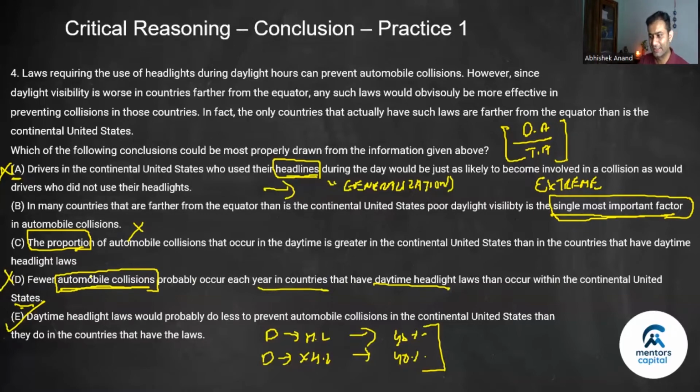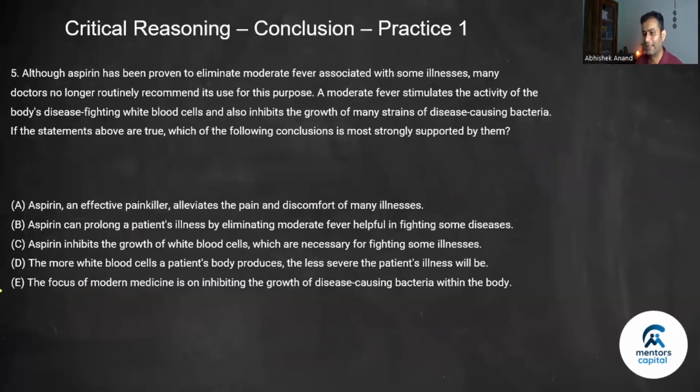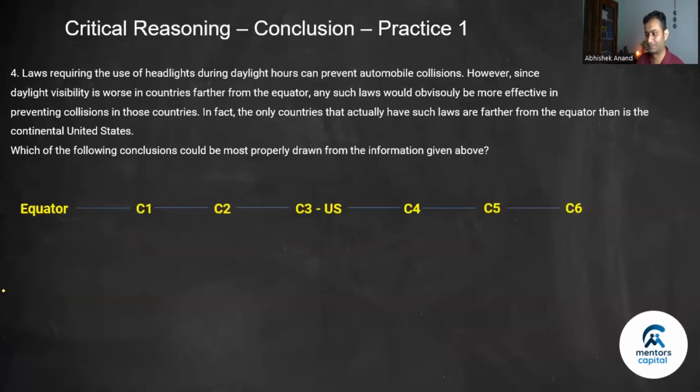Why is E correct? E is paraphrasing what is given to us in the paragraph. Daytime headlight laws would probably do less to prevent automobile collisions. The laws, first of all, the subject. These laws would do less to prevent automobile collisions, and it says probably, right?